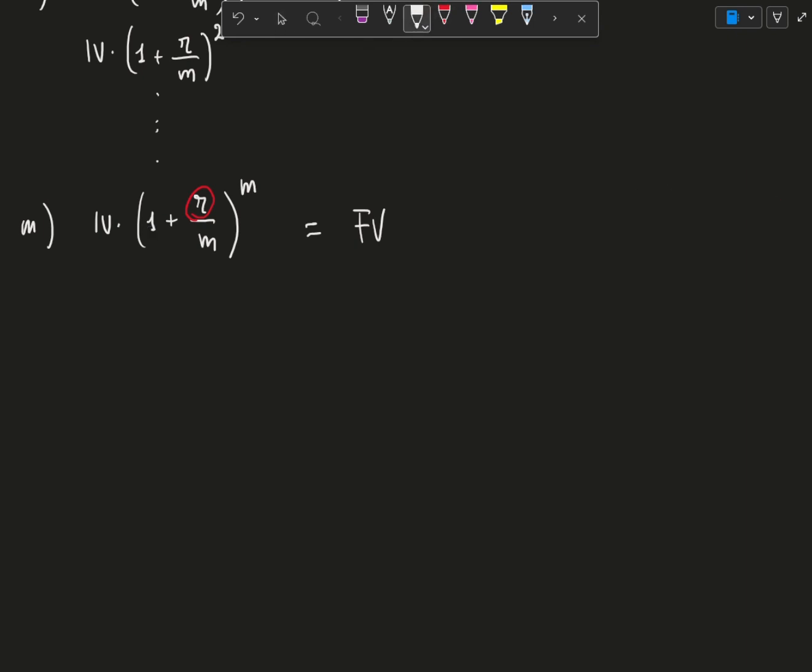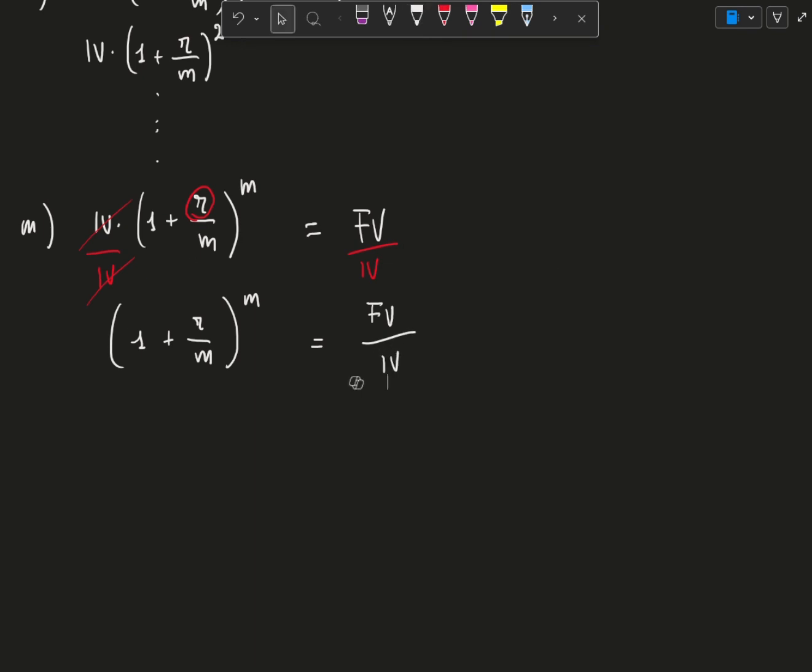Let's say the first thing we can do is to divide both sides by IV, the initial value. So these two will cancel out, and we're left with 1 plus R over M to the power of M equal to final value over initial value.